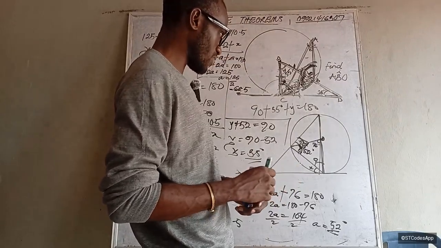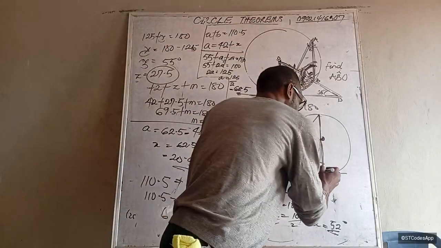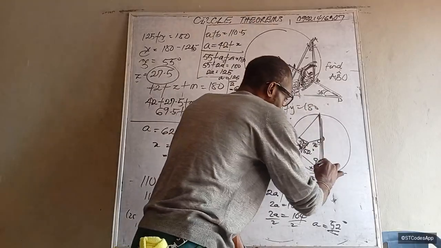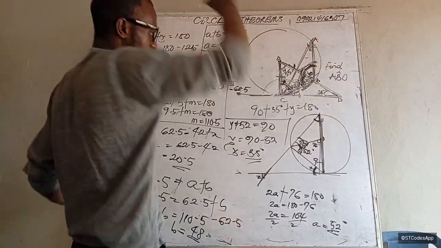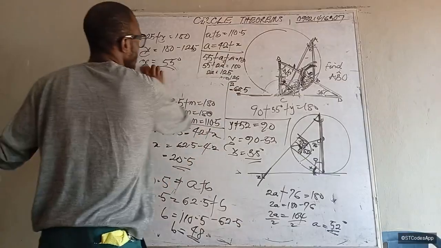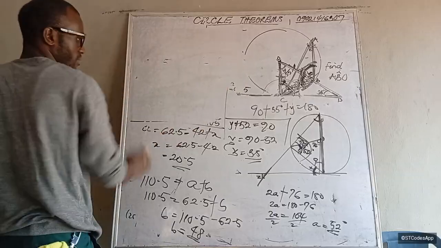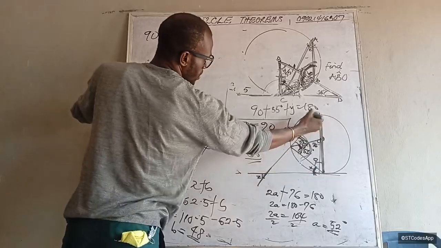Now also, note the alternate segment. Once you see a chord and a tangent, alternate segments work. So this place will be equal to this place. Makes sense? And this place is 90. Make sure you have copied this. This place is 90 plus this place.